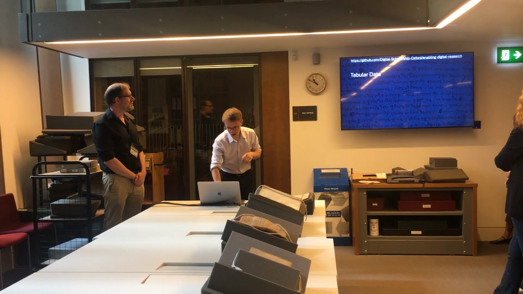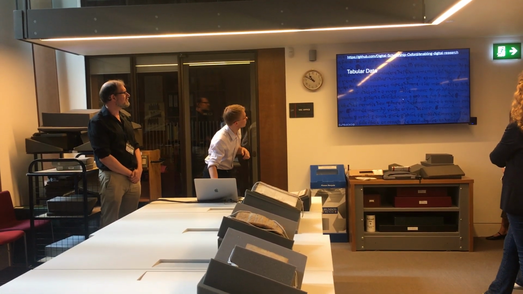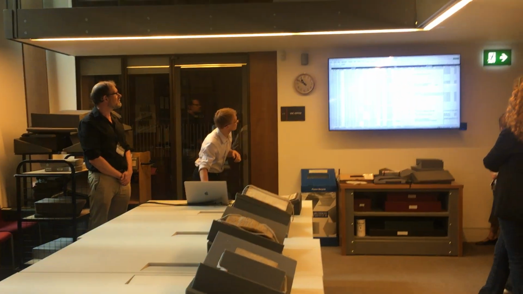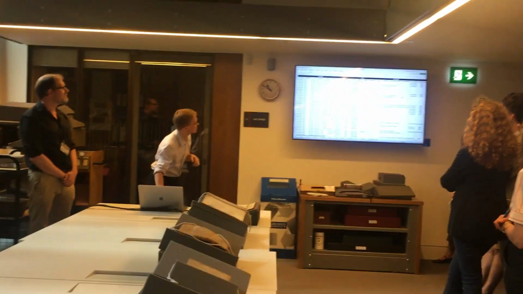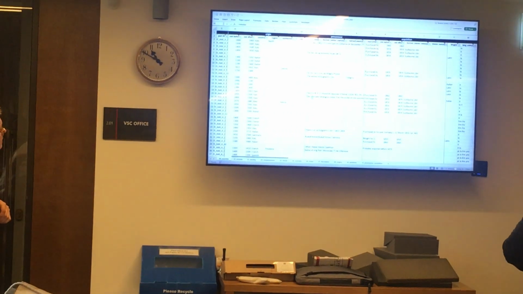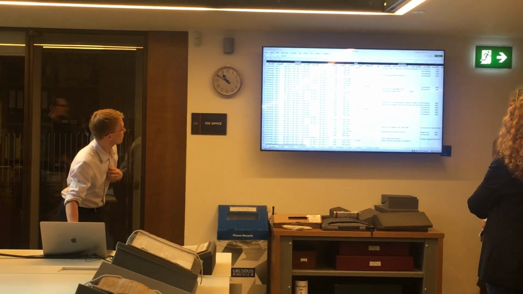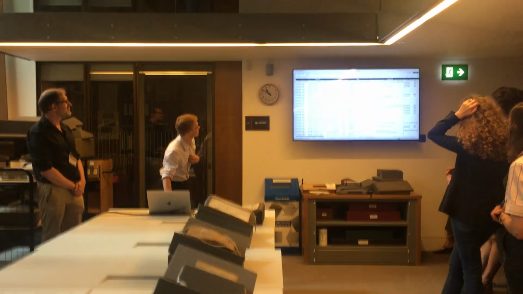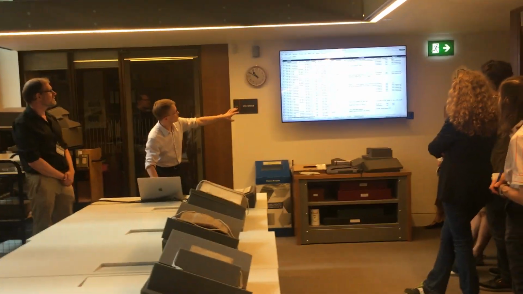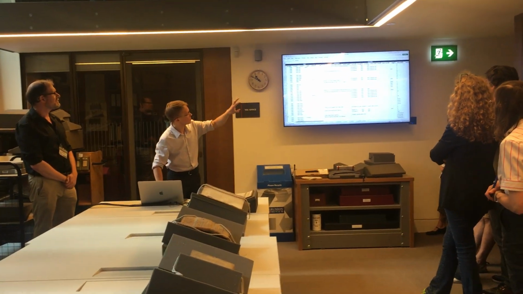So, just to show you very briefly what the spreadsheets look like, here is one. They are absolutely massive. It's a 40 megabyte file. But we have various different things, including in our overview tab, the metadata. You have origin information, so you have dates, provenance, and acquisition.